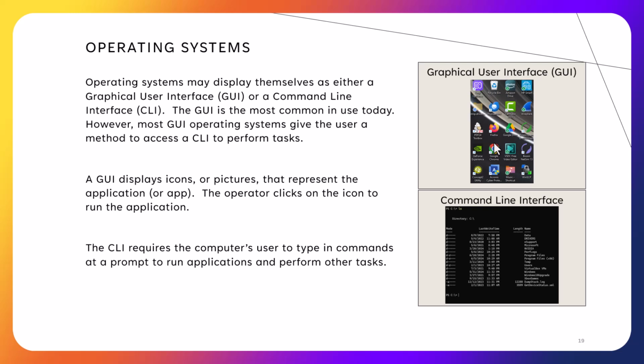With a command line entry, you're presented with a prompt, and you have to type the command to display or run the program you want. For example, on this one, ls stands for, I think, list, and it just shows a list of the data on this hard drive.